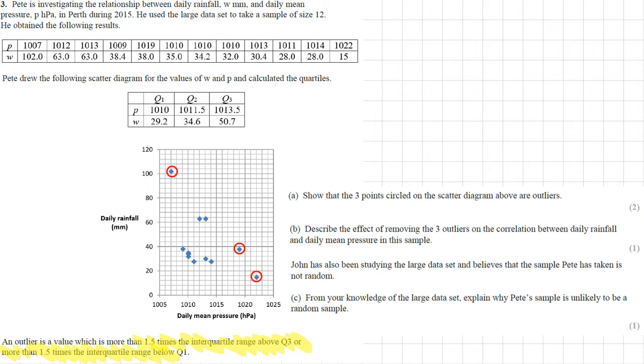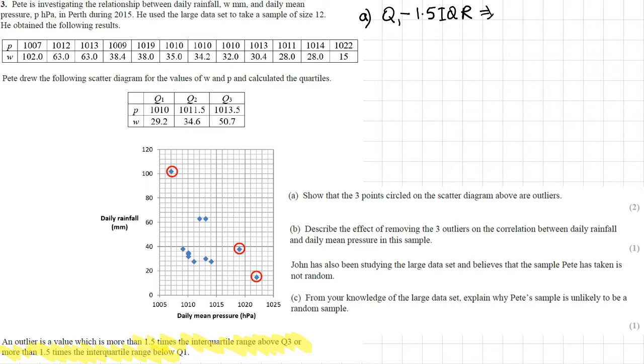So now we're going to do a calculation. We're going to first look at any outliers which are below, and the way that we do that, we just do the calculation that's given. So it's Q1 minus 1.5 times the interquartile range, IQR. That will tell us if there are any values below. So Q1, and this is for pressure, so I'll start with the pressure first.